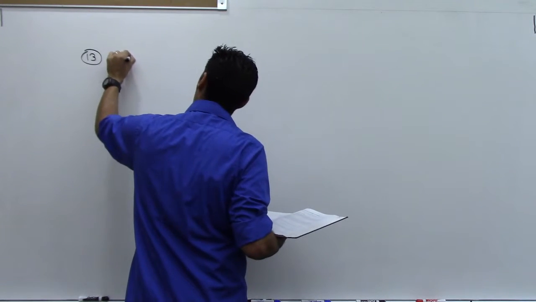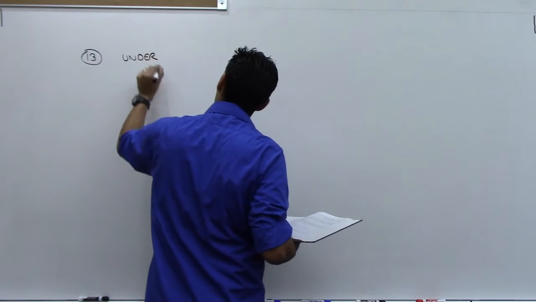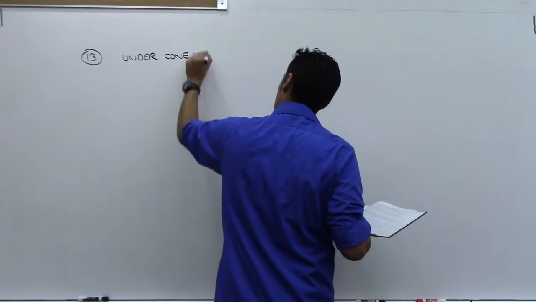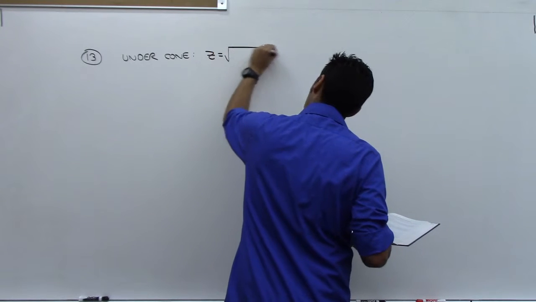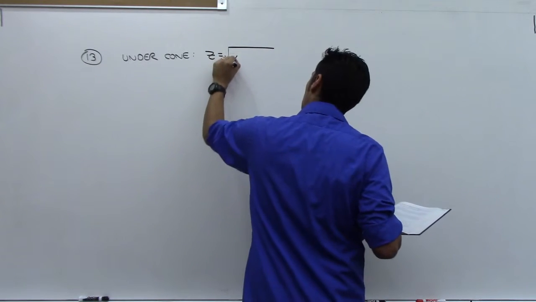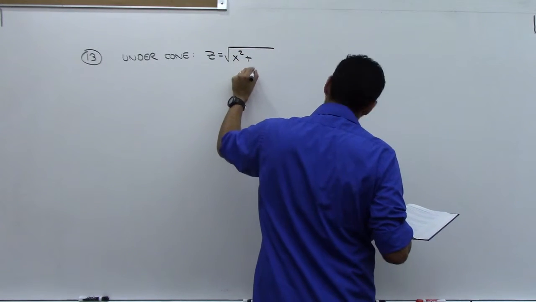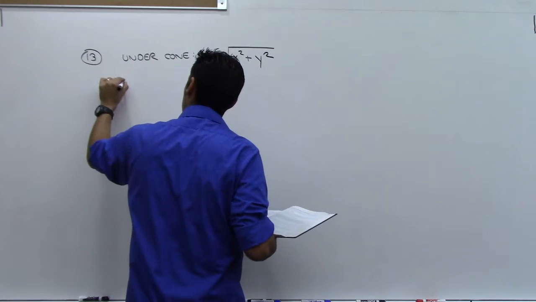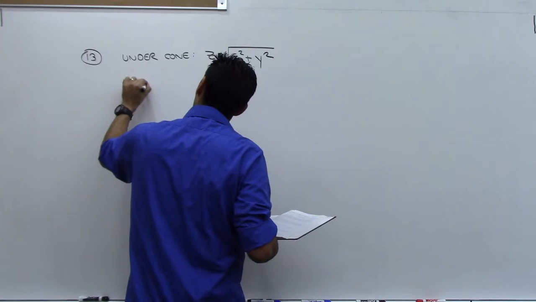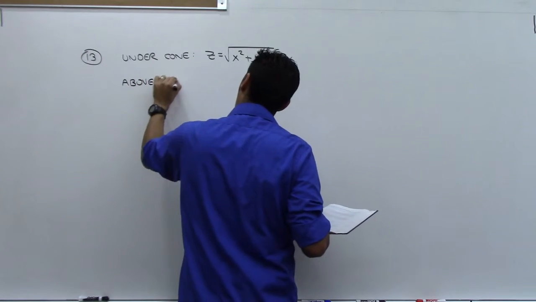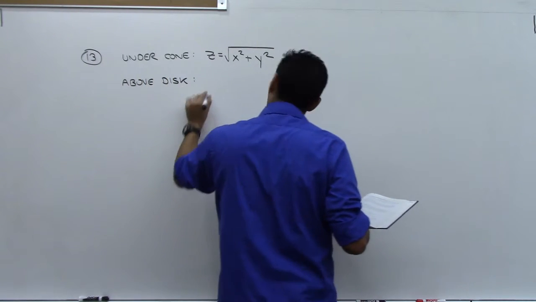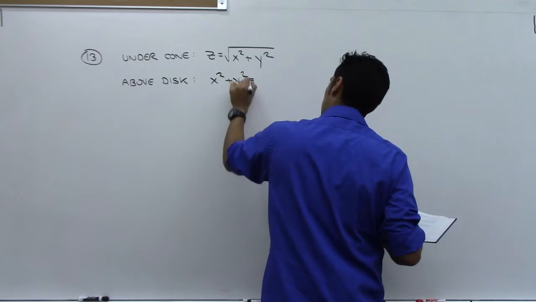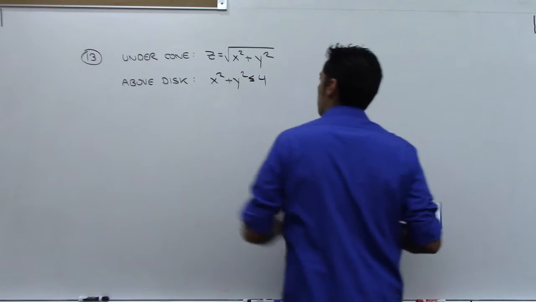So I want to find the volume of the solid under the cone given by the equation z equals root x squared plus y squared, and above the disk x squared plus y squared less than or equal to 4.